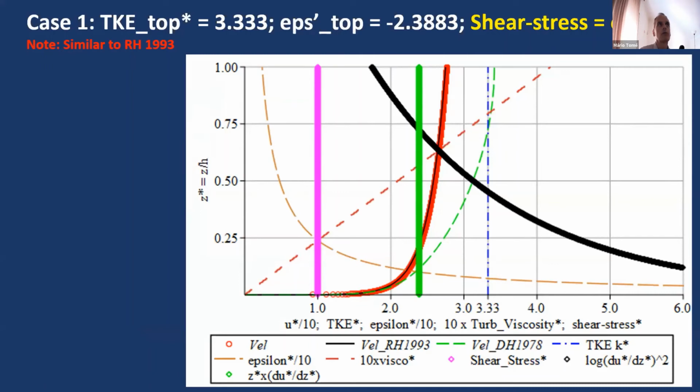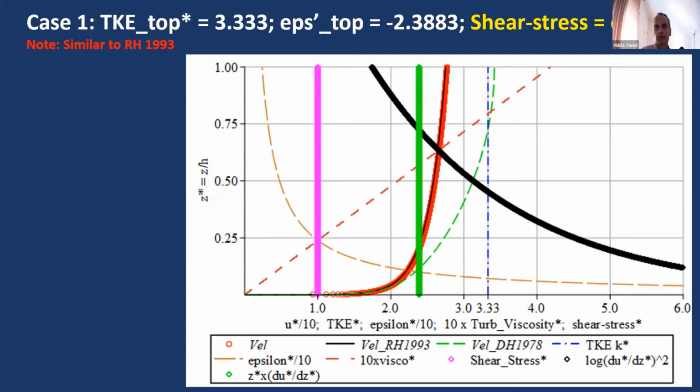Non-dimensional value of turbulent kinetic energy is 3.33, and the derivative of epsilon at the top has the value of minus 2.38, and the shear stress in this case is considered constant. So this is equivalent to the Richards and Hoxey paper of '93.